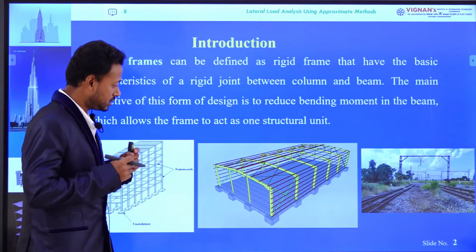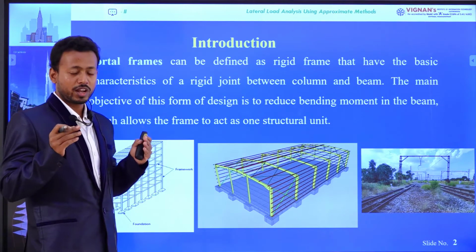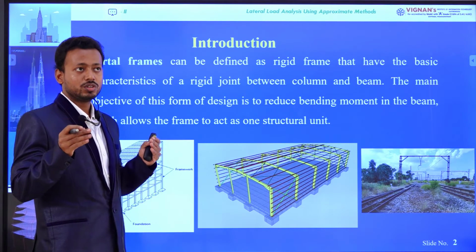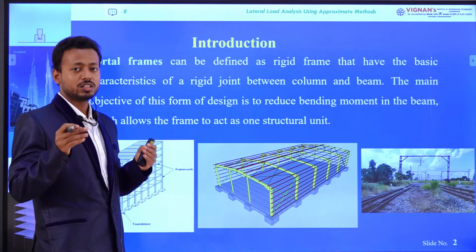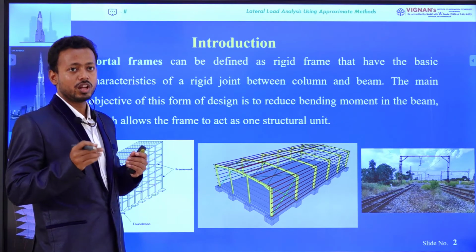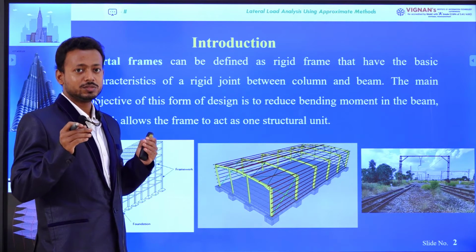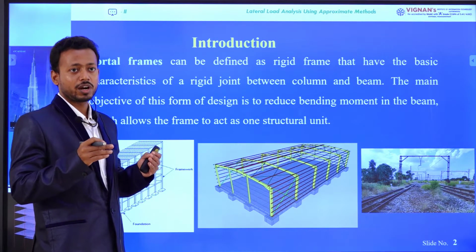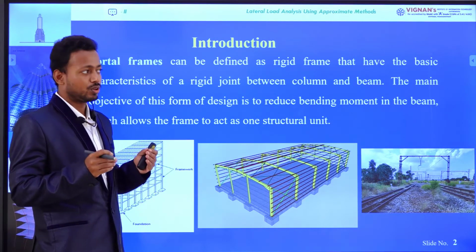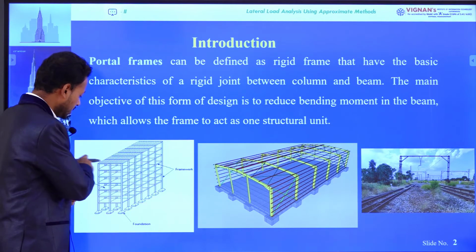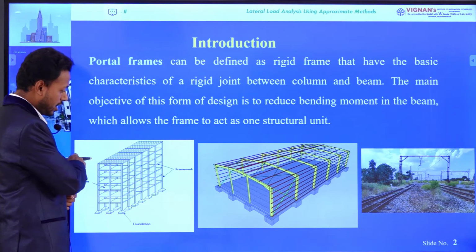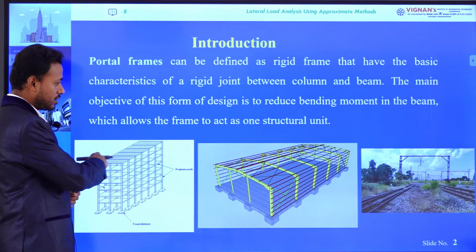Now, consider lateral load, for example, the load generated due to a seismic event or a cyclone. When a seismic event occurs in any particular place, the force acts in this direction, which is parallel to the horizontal plane.